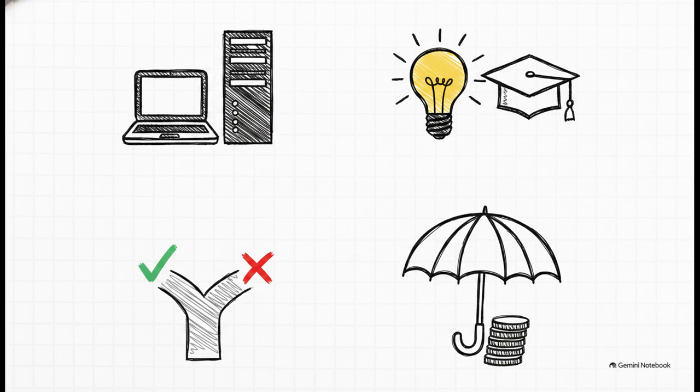Next, indirect costs. These support the project but aren't tied to a specific deliverable. You know, things like office electricity, admin expenses, or training your team. Then, there are opportunity costs. This is literally the value of the next best project you didn't choose because your resources are tied up here. And finally, risk-related costs. These are your safety nets, like contingency reserves or insurance, to help mitigate potential disasters.